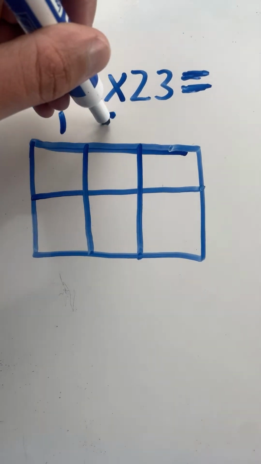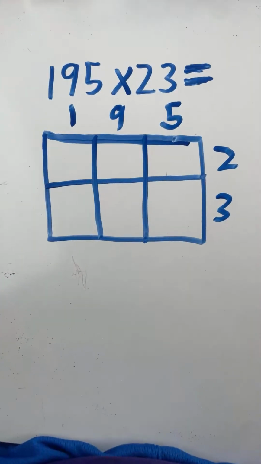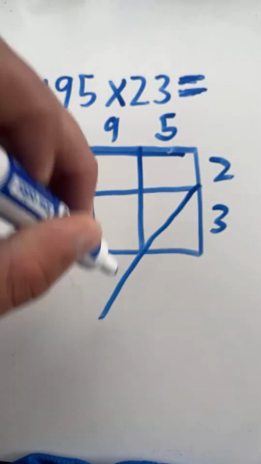So we have 195 and then we have 23. All right. And then we have to draw a line across each of the squares.